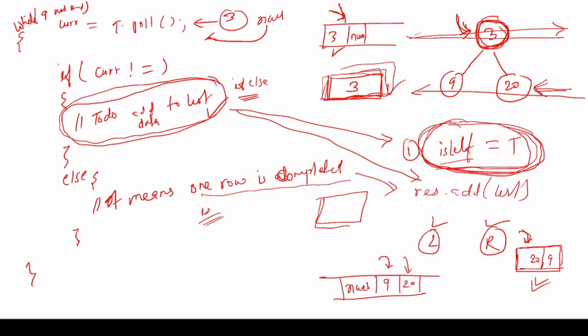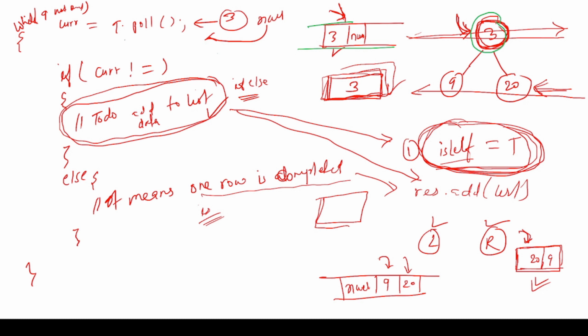If we summarize this, what have you understood till now? We have our first row element 3. We will put 3 onto the queue, and one null. Now we will come into the while loop. The while loop will check if the queue is not empty.